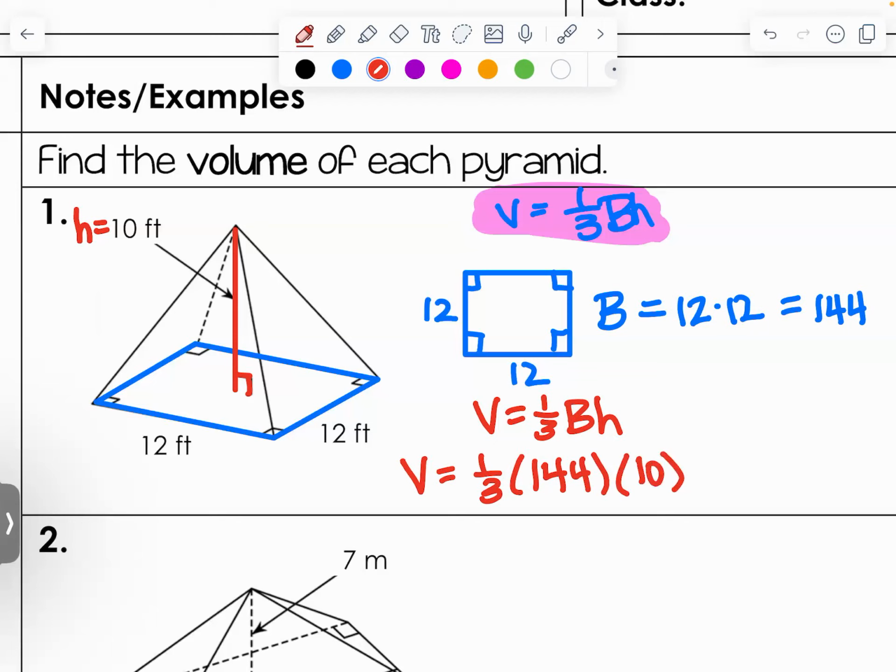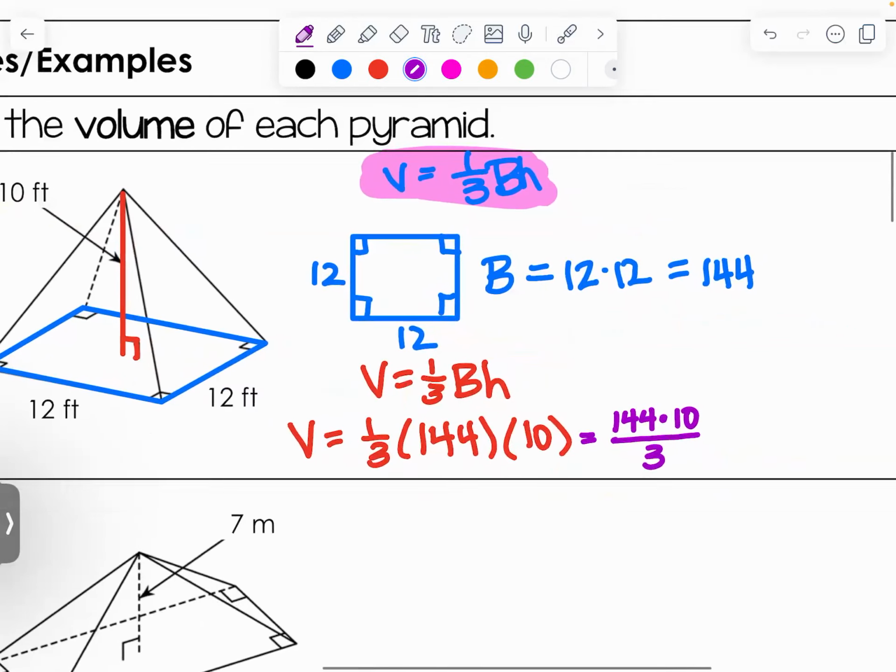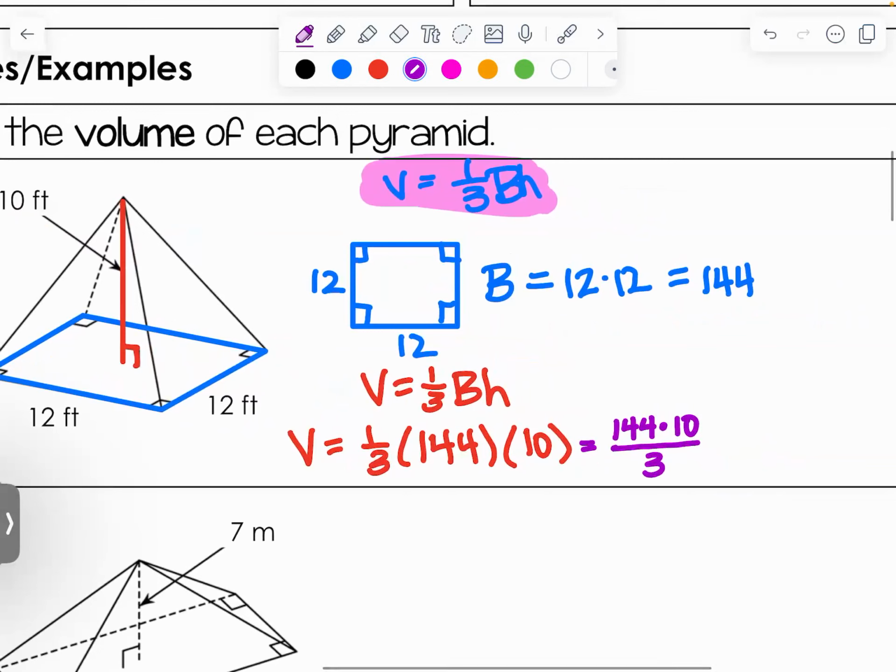Okay. So just like yesterday, I would like you to take 144 times 10 and then do what with it? Then divide it by 3. Do you have to square the 144 though? We do not.